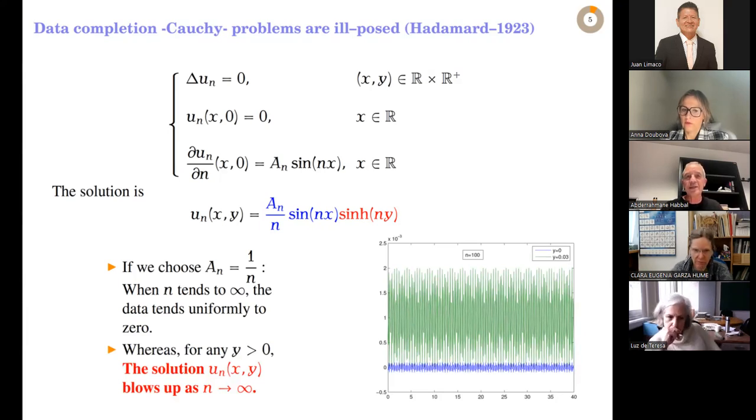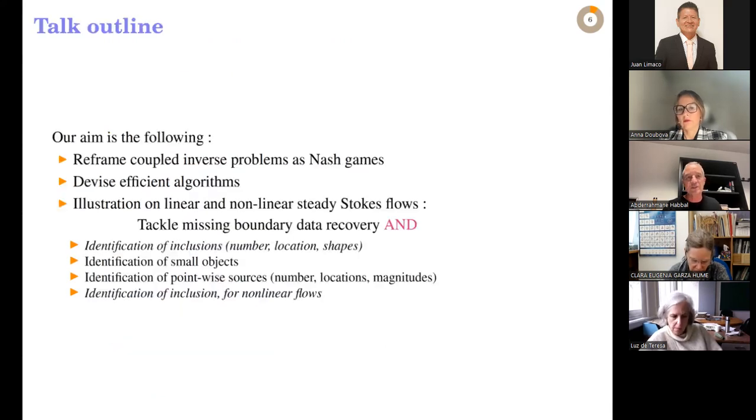Okay, this ill-posedness is known for PDE-constrained Cauchy problems since Hadamard, and there are a lot of methods devised in order to avoid this ill-posedness. My talk is within this concern.